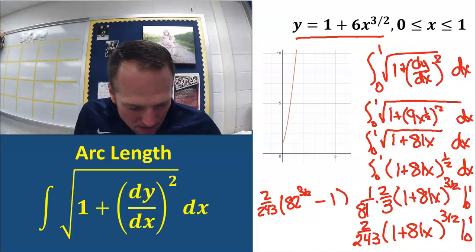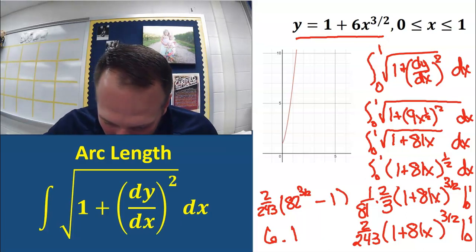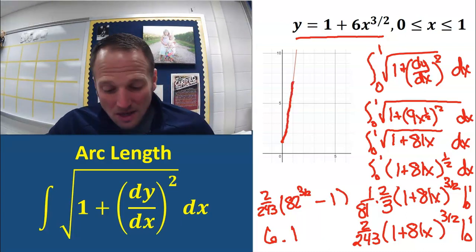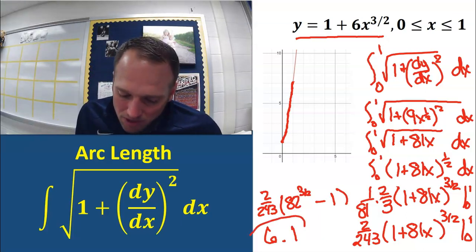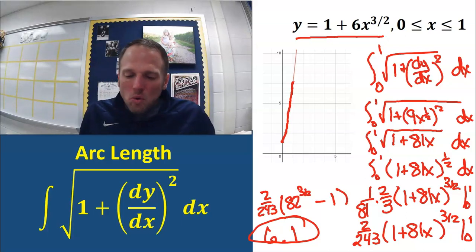And it looks like it's going to be about 6.1 units long. As I'm looking at that, this goes from 1 up to about 7. It's a pretty straight line, so yeah, I'm believing that. I'm believing that that is our answer, about 6.1.